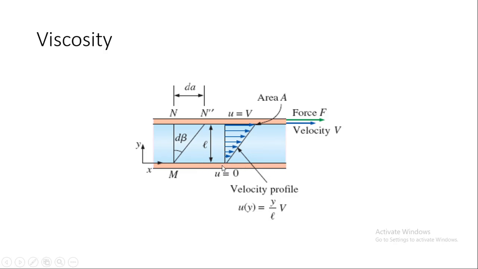The bottom solid surface is stationary. Let's suppose at time t equals 0, the very initial point of the process, a force is applied tangentially to the upper surface of the liquid, which is responsible for shear stress, and shear stress is responsible for the liquid moving in the form of layers.